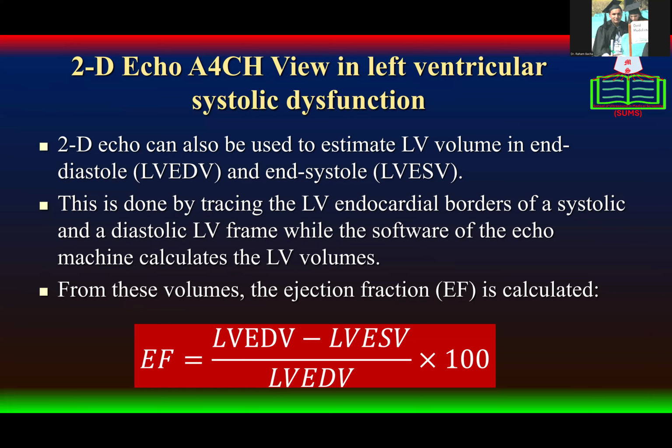We'll take two frames in split screen. In one half of the screen we will have a diastolic frame or picture, and in the other half we will have a systolic frame. From these volumes, the ejection fraction is calculated by the Simpson method.